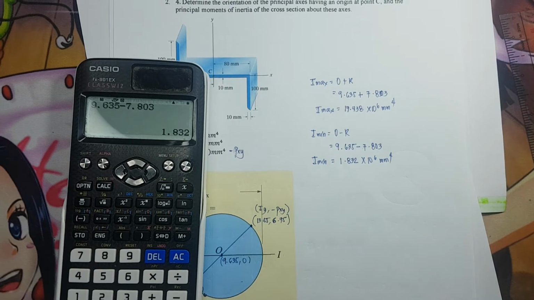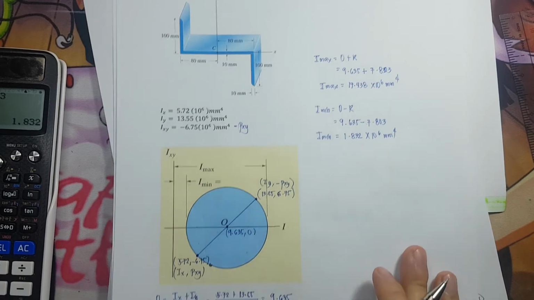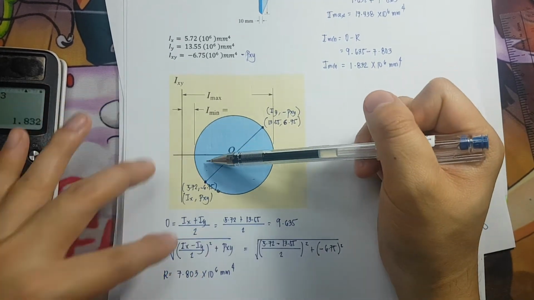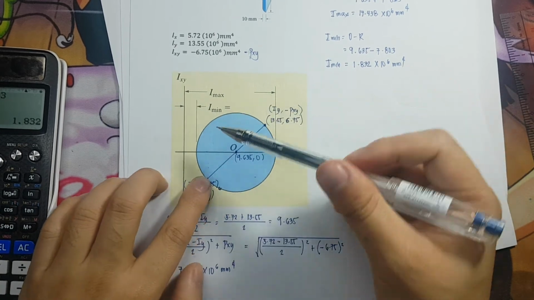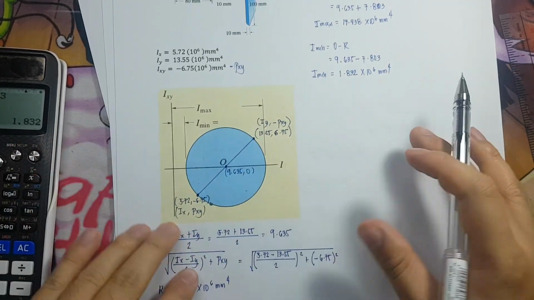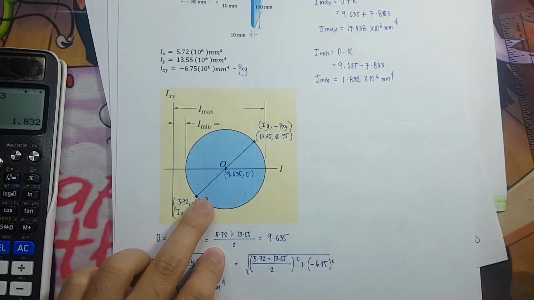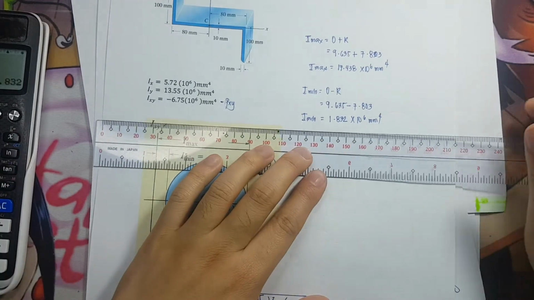Okay. Next would be the angle. So for the angle, we consider the segment here to the left. So let's draw our triangle.